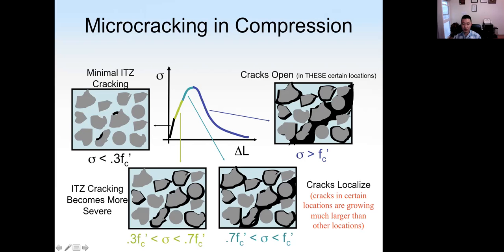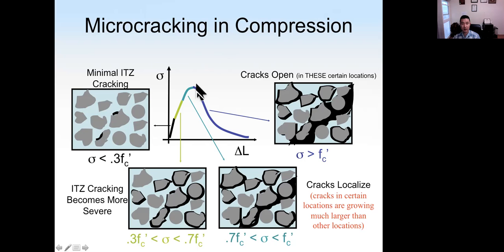Between 70% to 100%, the cracks in certain locations, not all the locations, will open up, and that causes the concrete to fail. And we call that cracks localized. So cracks in certain locations are growing much larger than other locations. In other locations, even though we have cracks, the concrete can still resist some load.